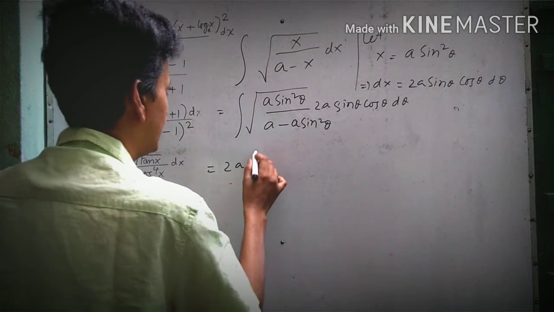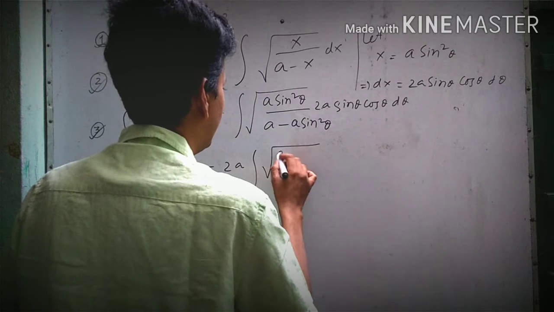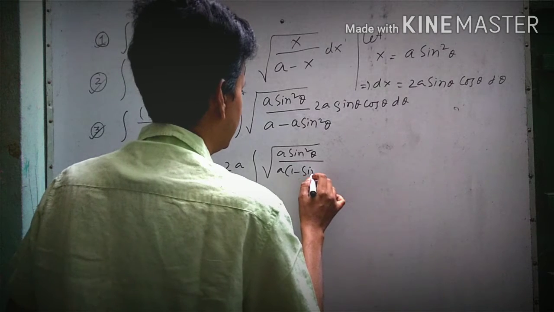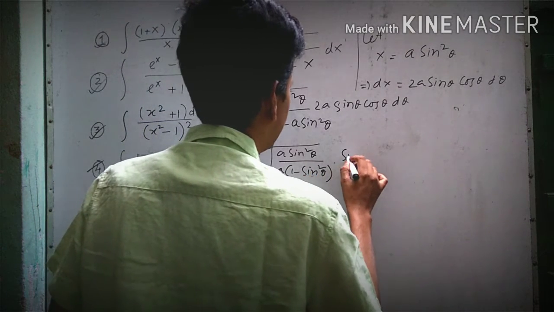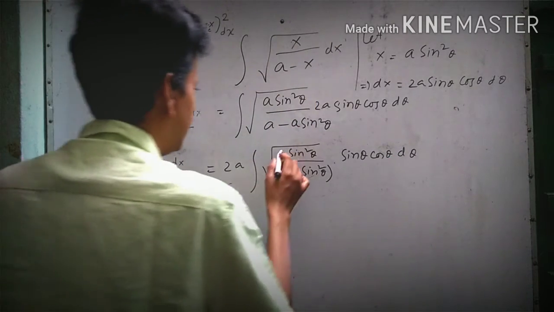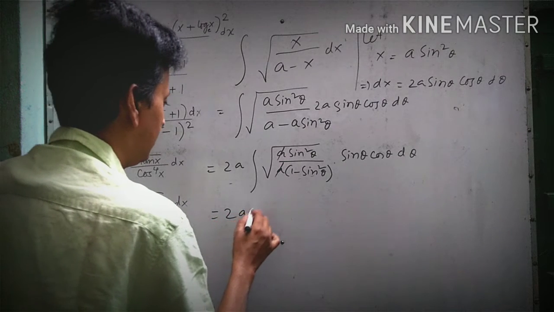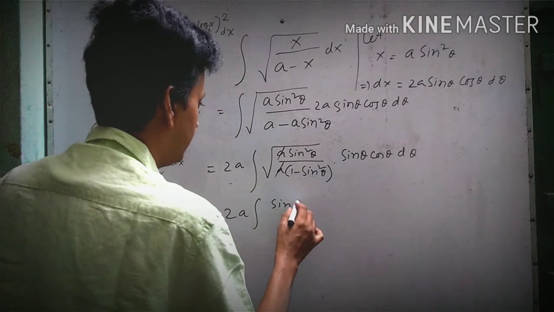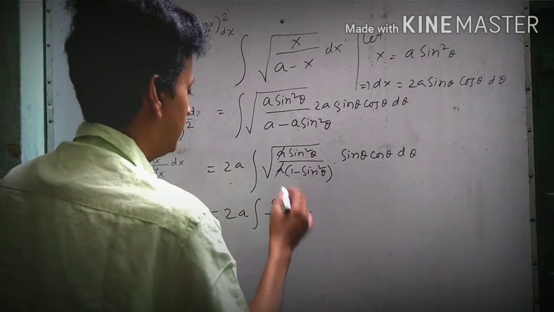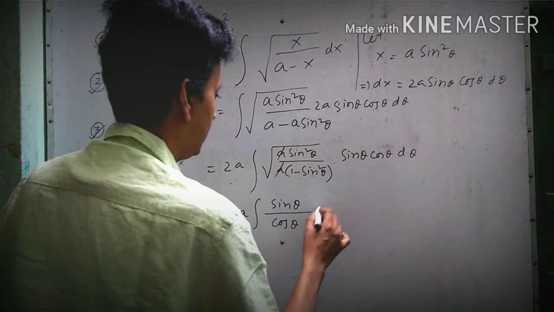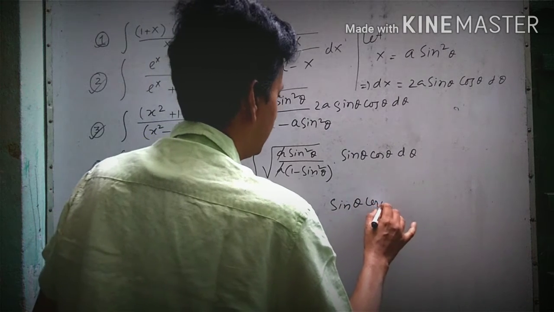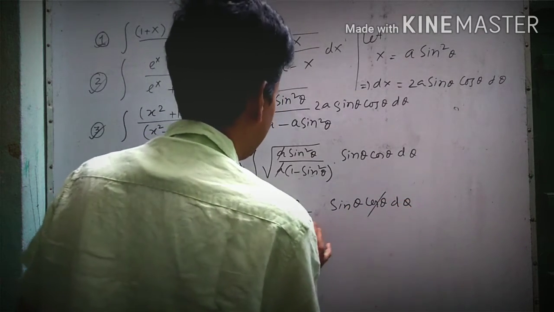So we get 2a into root of a sin square theta by a into 1 minus sin square theta into sin theta cos theta d theta. We can cancel a, so we get 2a into sin theta by root over of 1 minus sin square theta, that is root cos square theta, that is cos theta, into sin theta cos theta d theta. We can cancel this cos theta.